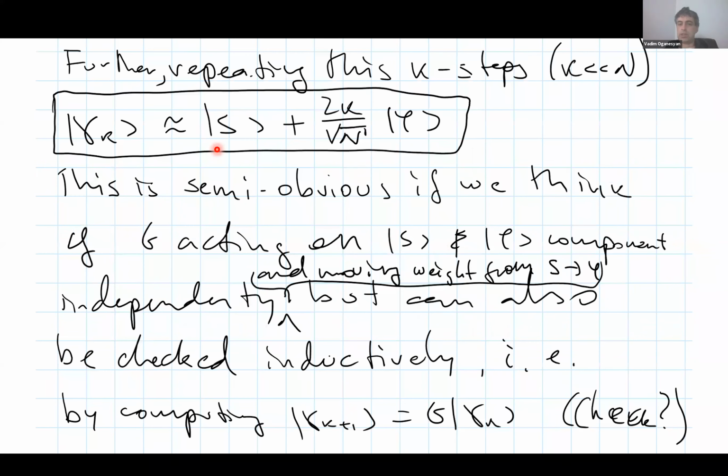Okay, so now what's the goal here? Let's assume that this is the formula, and we'll rederive this much more carefully and intuitively next. You can see that we're trying to boost the amplitude of this. Now, this formula was derived assuming that k is much, much smaller than n, but it's clear that you can keep this true and take k to be of order square root of n, that's much smaller than n.